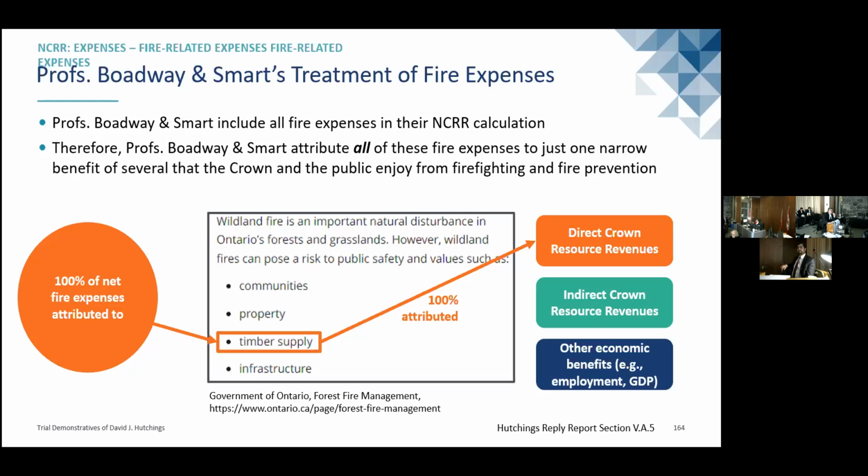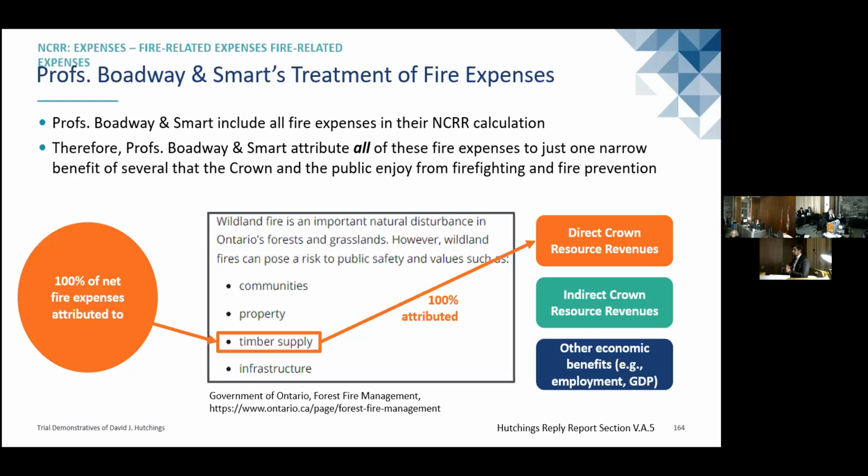Mr. Hutchings, oh, sorry. So let me try this. I'm just guessing here, but isn't one of the thoughts that there wouldn't be perhaps communities or infrastructure if you didn't have forestry operations?